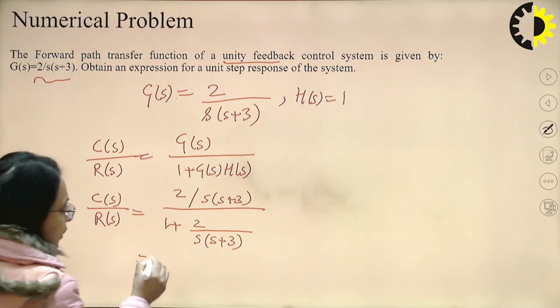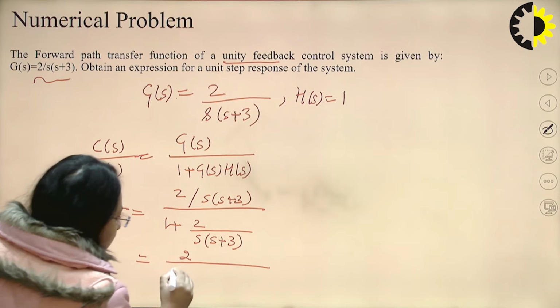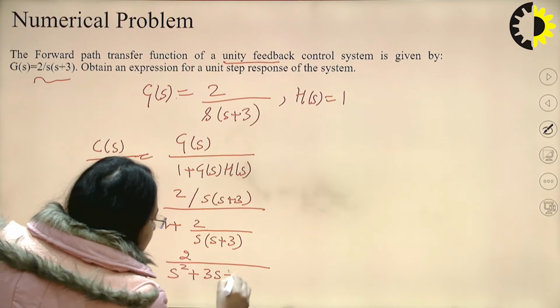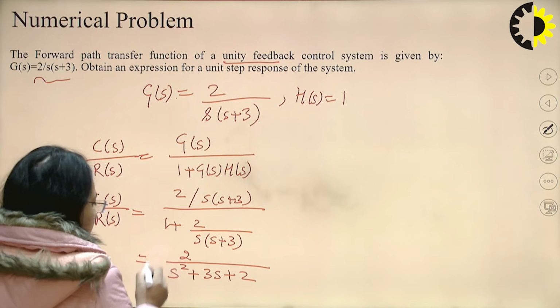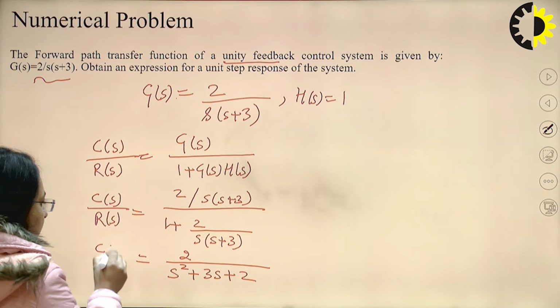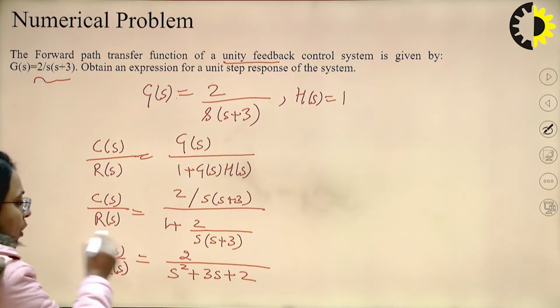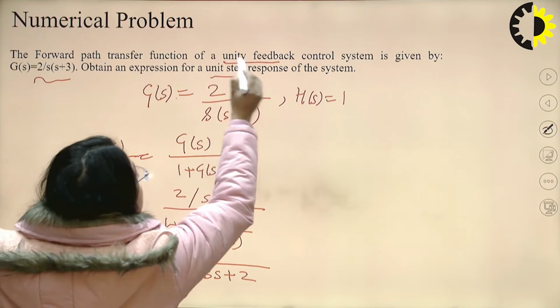While solving, s into (s plus 3) will cancel out and we'll get 2 upon s square plus 3s plus 2. So this will be the value of the transfer function, right? Now we have to calculate the output, that is the response of the system for a unit step input.